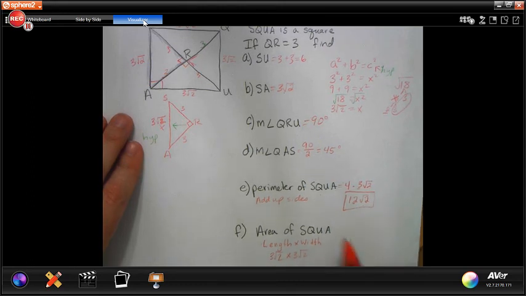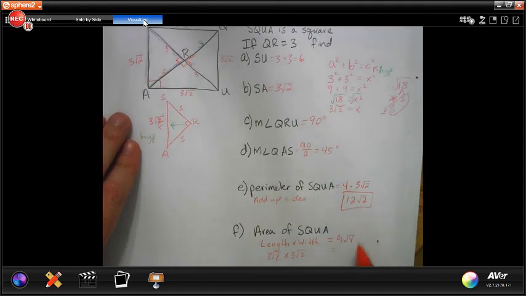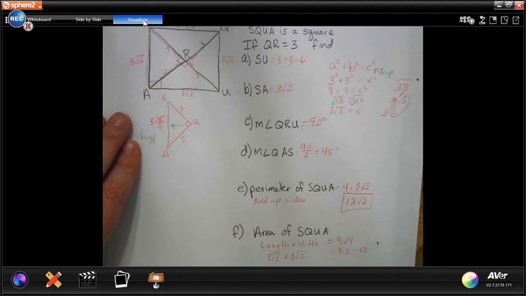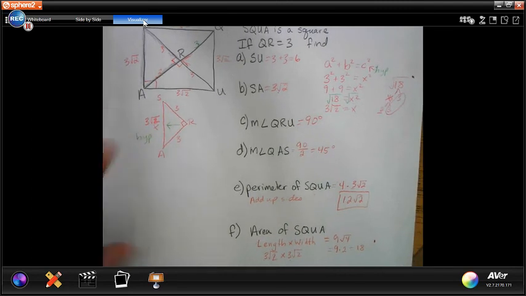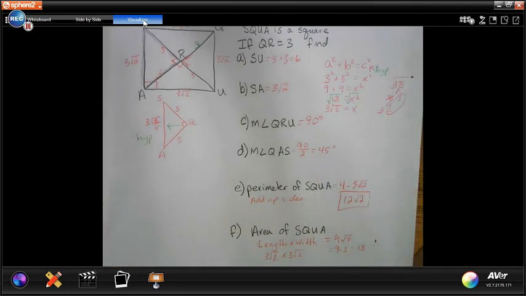You can multiply the whole numbers together. 3 times 3 is 9. And then radical 2 times radical 2 is radical 4. The square root of 4 is 2. So we get 9 times the 2 that breaks out, which is 18. So our area will be 18 in this case.